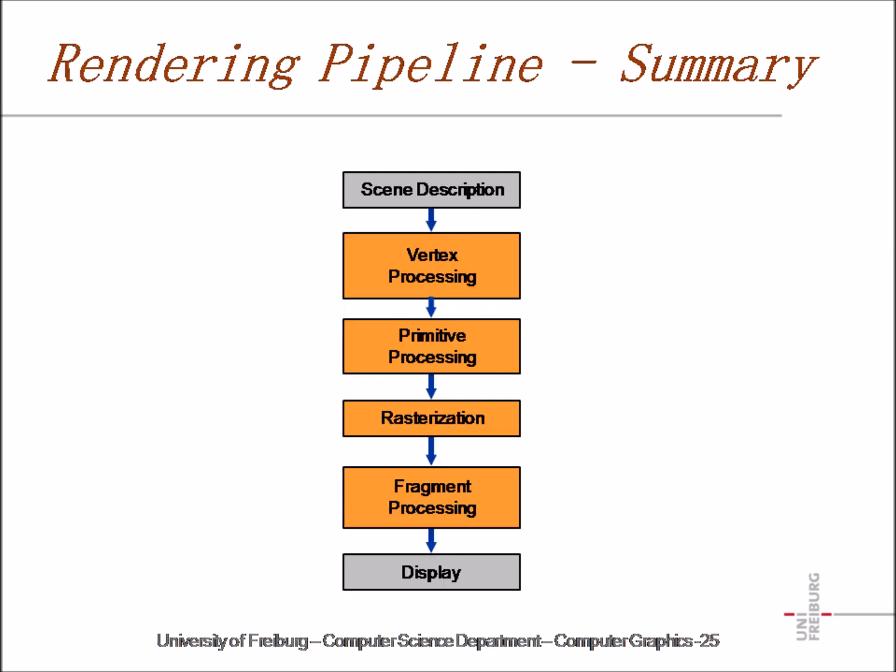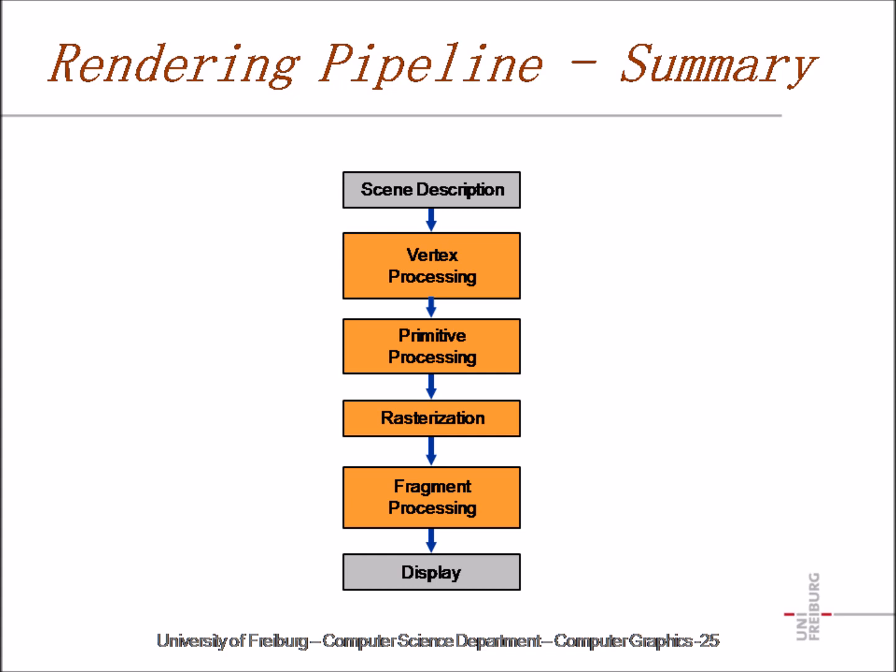Hence, till now we have covered the important major step of the rendering pipeline, that is vertex processing, in detail. The remaining three steps, primitive processing, rasterization and fragment processing, will be discussed in the next lecture in detail.